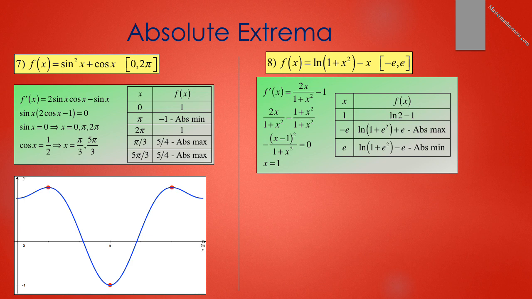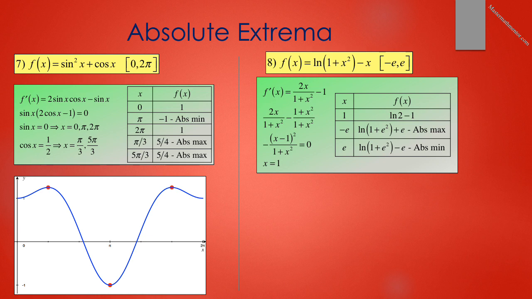So there are 3 candidates for absolute extrema: x is equal to 1, -e, and e. At x is equal to 1, f of 1 equals the natural log of 2 minus 1. At x equals -e, f of x is equal to the natural log of 1 plus e squared, plus e.